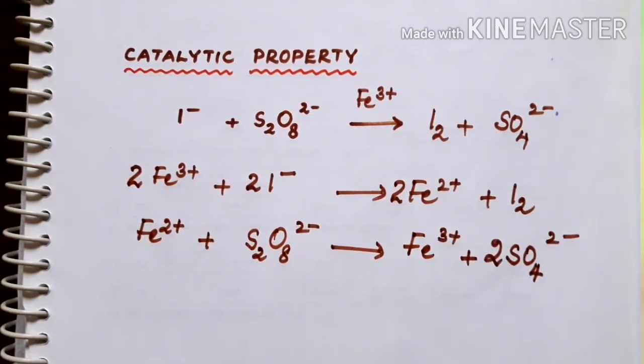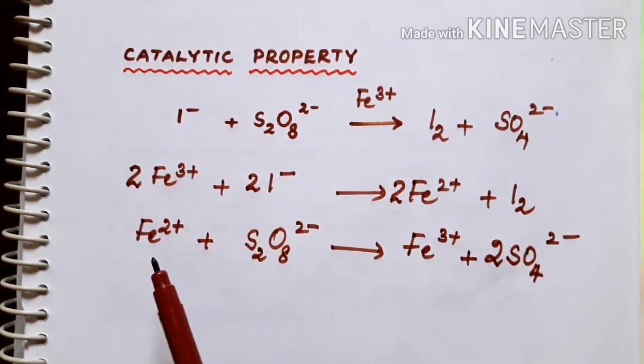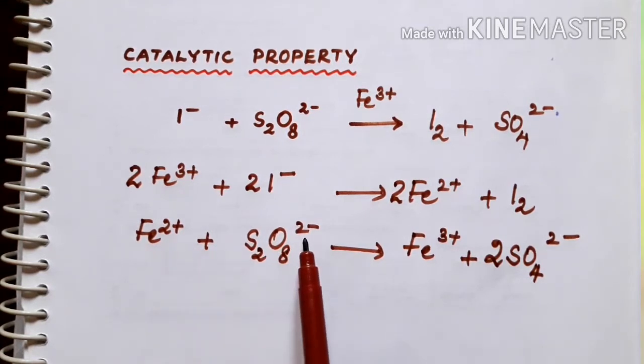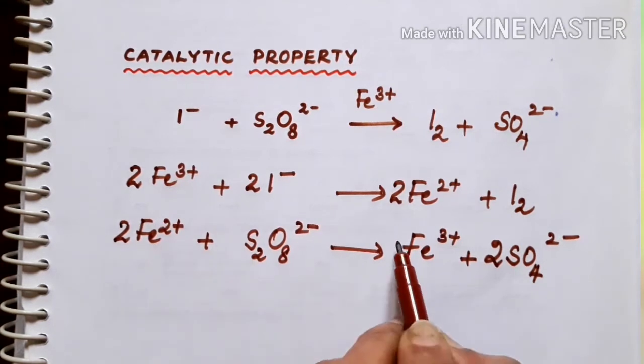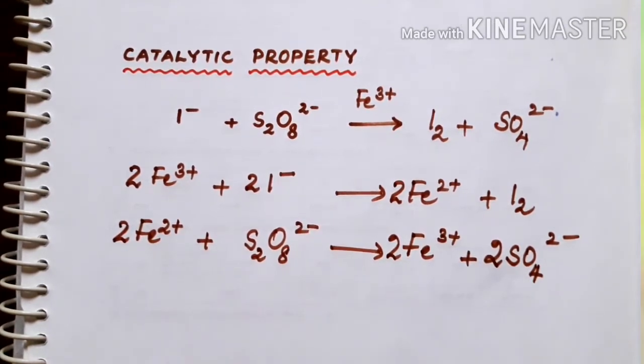So this is 2 times. So we'll just check the balanced equation here. Fe2+, Fe3+, S2, S2, O8, O8. What is the charge here? The charge is +2 and -2 here, so you have to give it as 2 Fe3+.